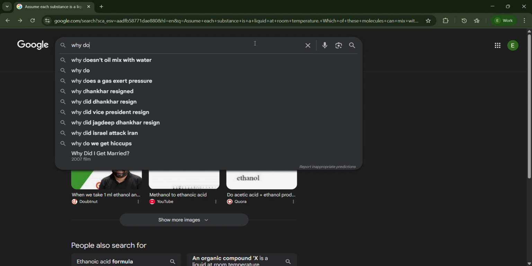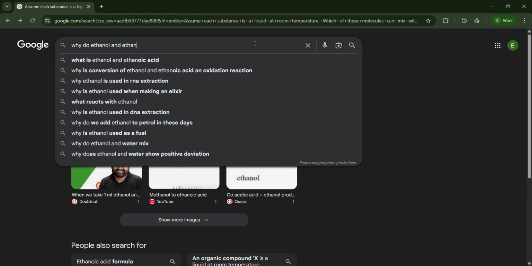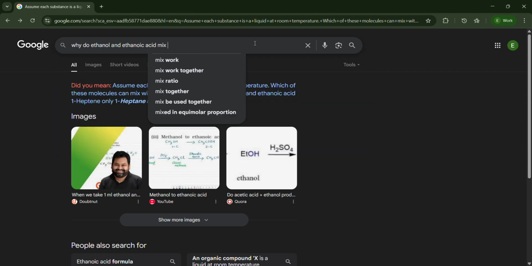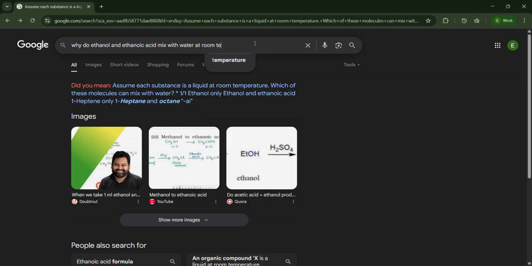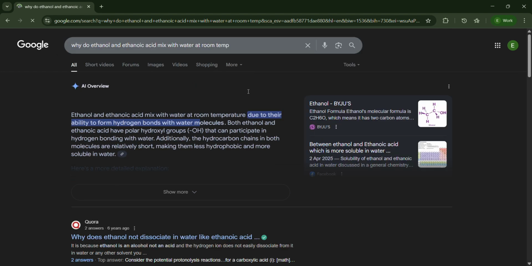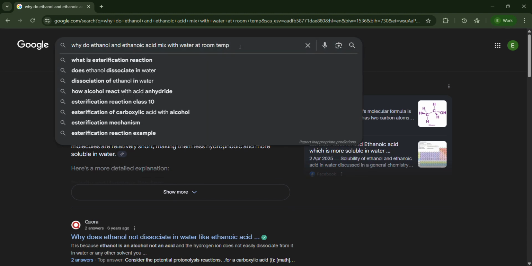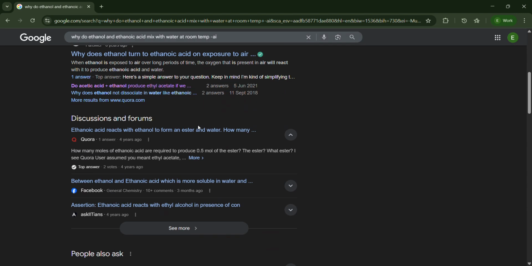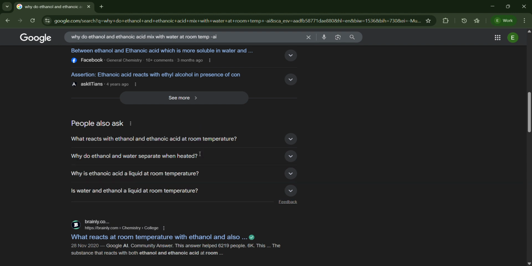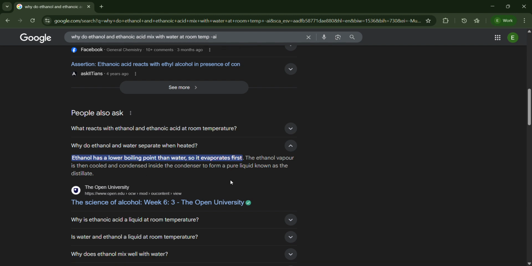Let's modify the question. Why do ethanol and ethanoic acid mix with water at room temperature? Ethanol has a lower boiling point than water, so it evaporates first. Okay.